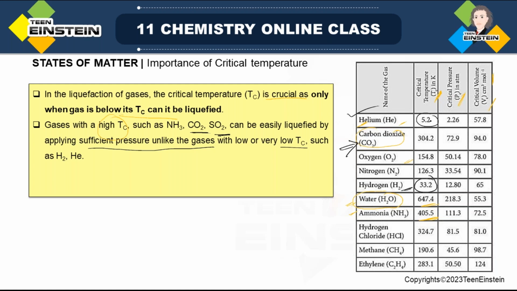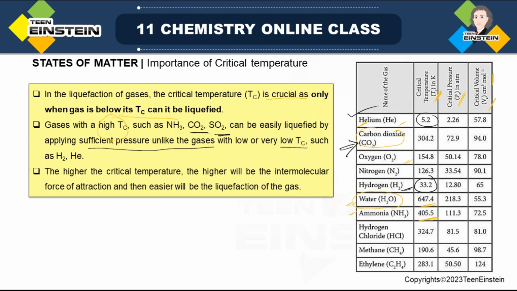Also remember, CO2 is also a gas under normal condition, but helium and hydrogen behave as if close to ideal. The closer the behavior is to an ideal gas, the more difficult liquefaction will be. So the conclusion you can draw is: the higher the critical temperature, the higher the intermolecular force of attraction. This is the actual reason.